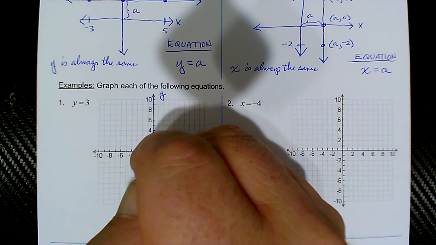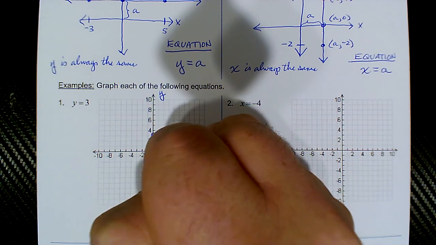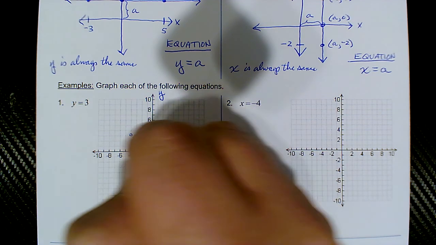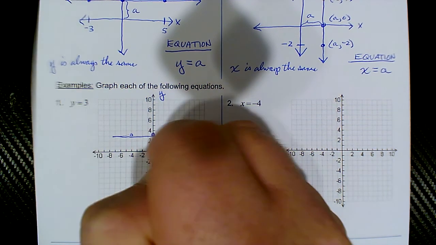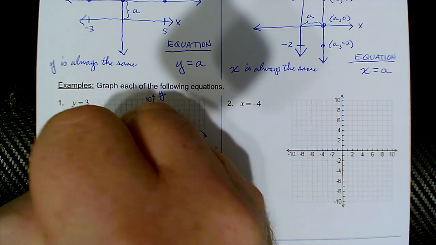But this is telling me y is always 3. So if I'm going to pick a point, it has to be to the right or to the left. It doesn't matter where it is, but it would have to be along that horizontal line. So that's the graph of y equals 3.